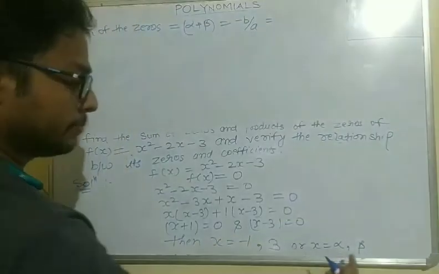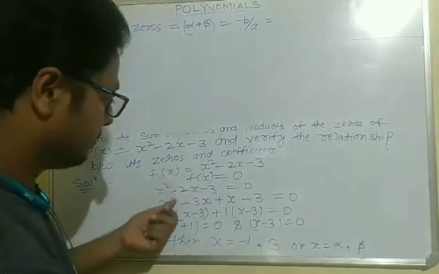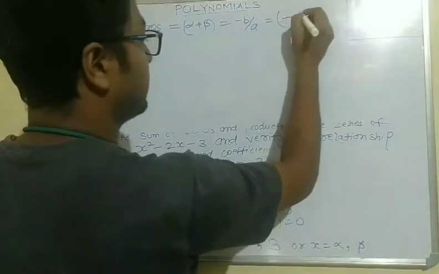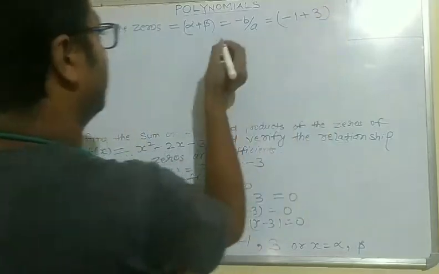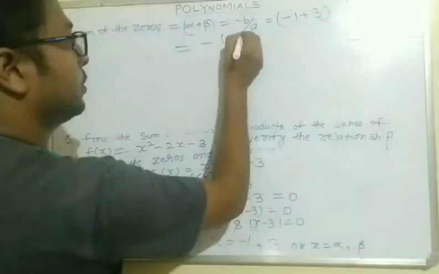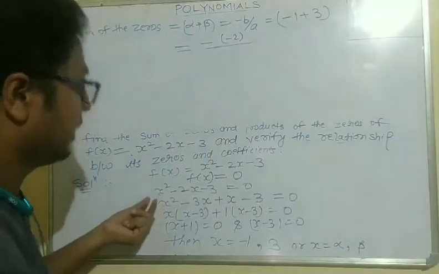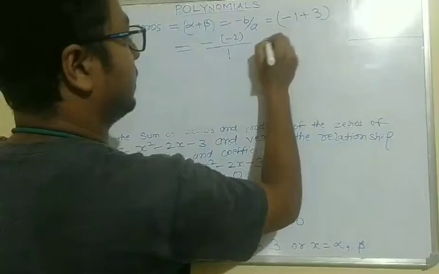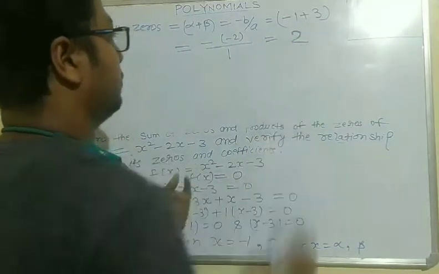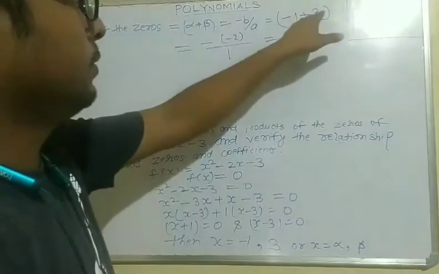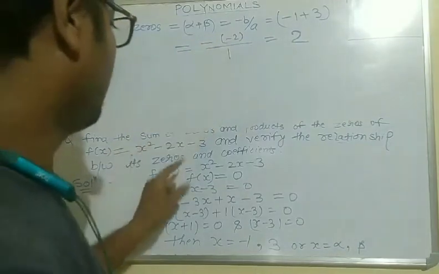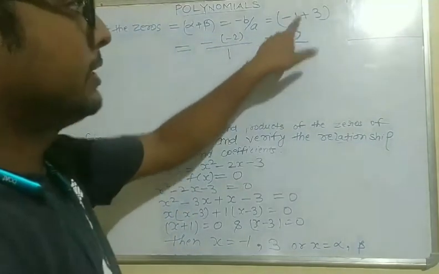So sum of zeros, alpha plus beta, is minus 1 plus 3 equal to 2, and minus b upon a is minus of minus 2 upon 1, which is also 2. So from both equations, LHS equals RHS.